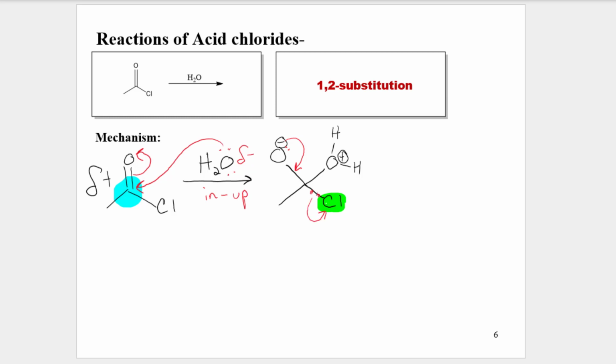We've seen chlorine be a good leaving group, right? SN1, SN2, E1, E2. And so in this step, we regenerate the oxygen double bonded to the carbon, but now we have a different group flanking off to the side. And yes, chloride is the leaving group.